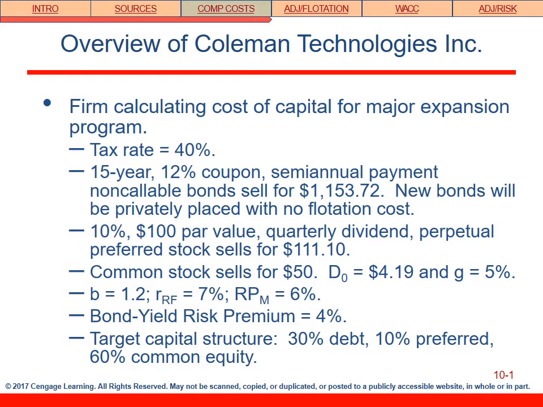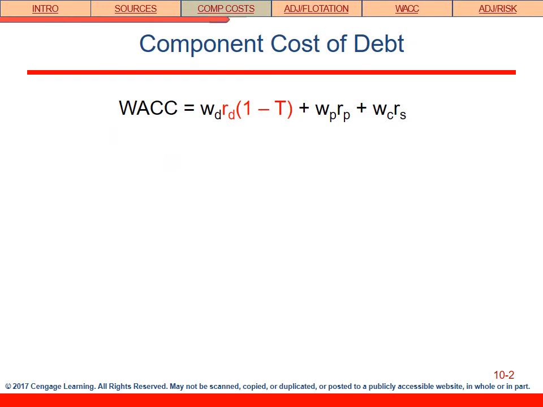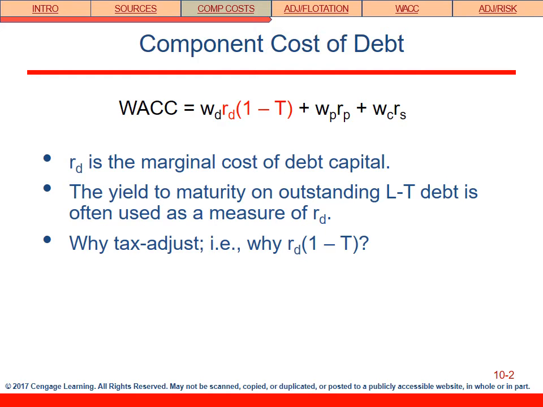So let's get started with finding the component cost of debt. You'll see in the weighted average cost of capital, that would be R sub D times 1 minus the firm's tax rate. That will be our marginal cost of debt capital.